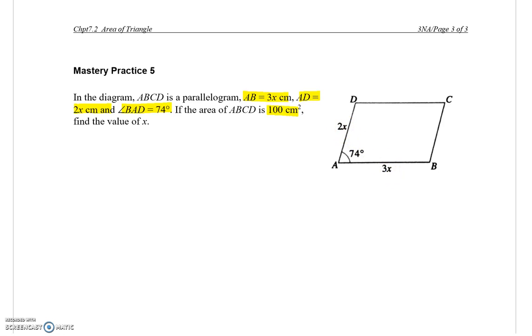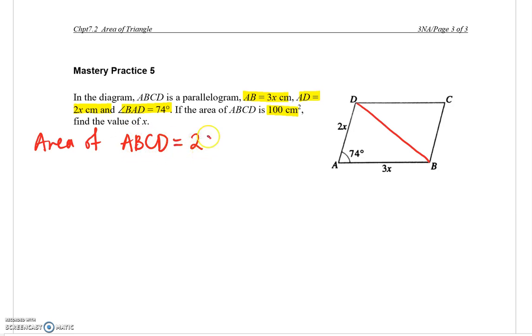Well, let's recall our formula for the area of a parallelogram. Again, if we cut this into two, we get two triangles. So the area of ABCD is just equal to 2 times half ab sine C. I'm not going to do a substitution yet.